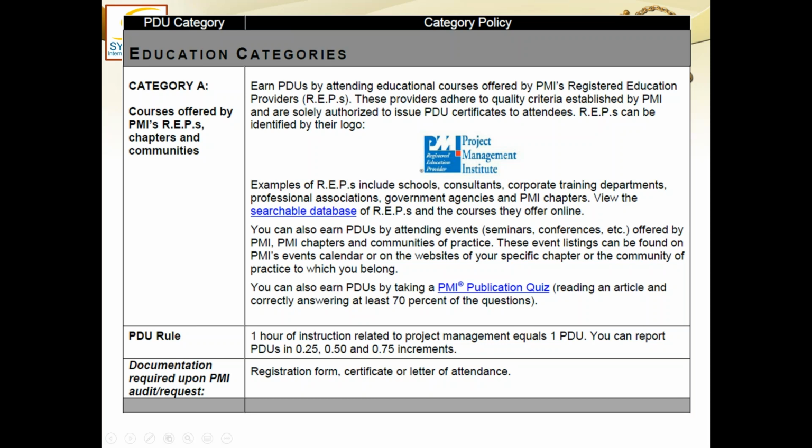It qualifies as PDUs, but it should be relevant to program management. Whether you sit for the exam and get certified, or you don't sit for the exam, if you just go through the training, those training hours qualify as PDUs. That is the important thing. If you are talking about a basic exam level in agile, and it is relevant, then it counts.